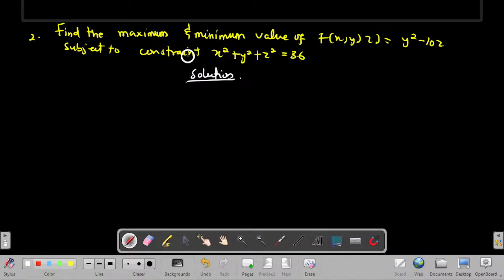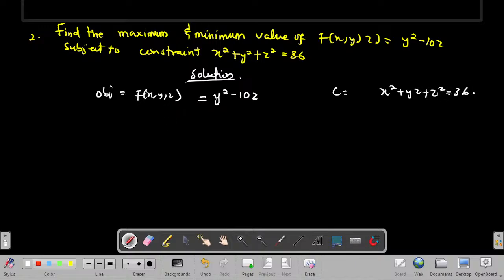So how do we do this? This is a typical optimization problem of the objective function with the constraint. So our objective function is given as f of x, y, z, that is y squared, and the constraint is given as half x squared plus y squared. The Lagrange multiplier is a constant that helps us.